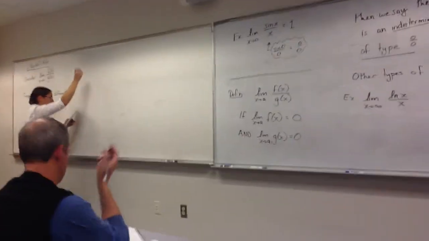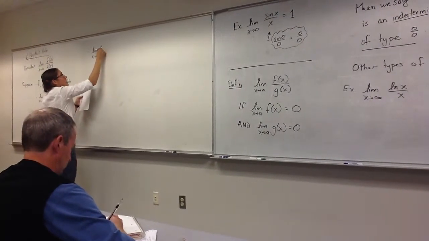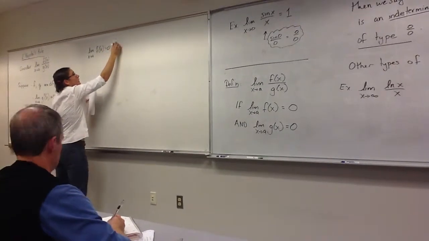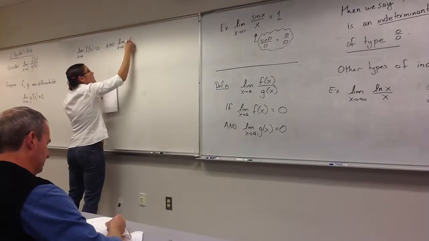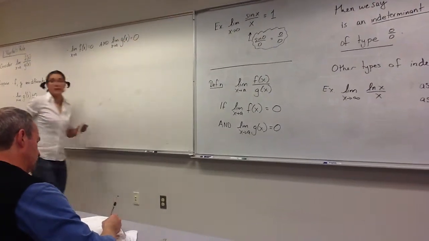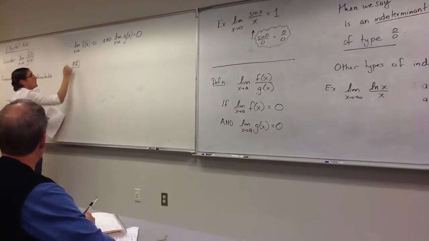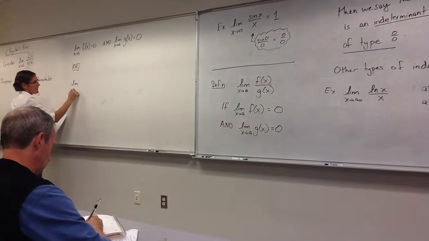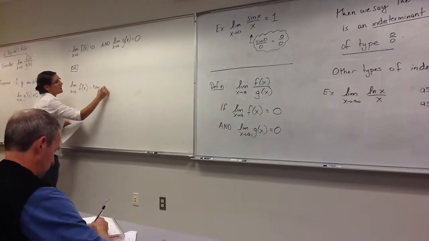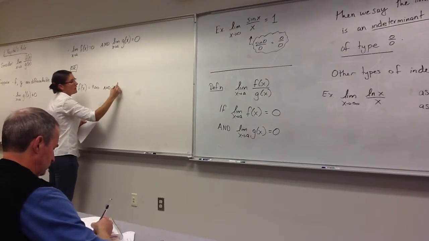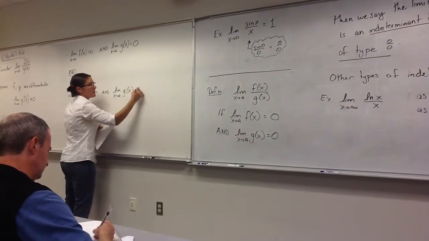And we are going to suppose that the limit as x approaches a of f of x is equal to 0, and the limit as x approaches a of g of x is equal to 0. Or the limit as x approaches a of f of x is equal to plus or minus infinity, and the limit as x approaches a of g of x is equal to plus or minus infinity.